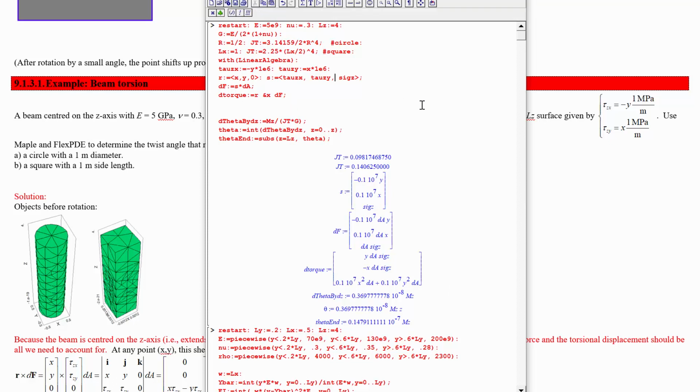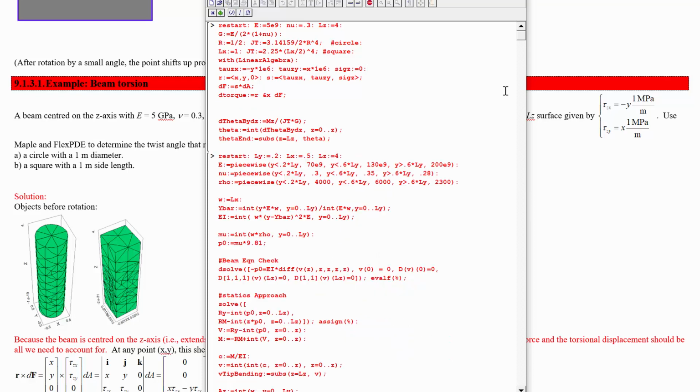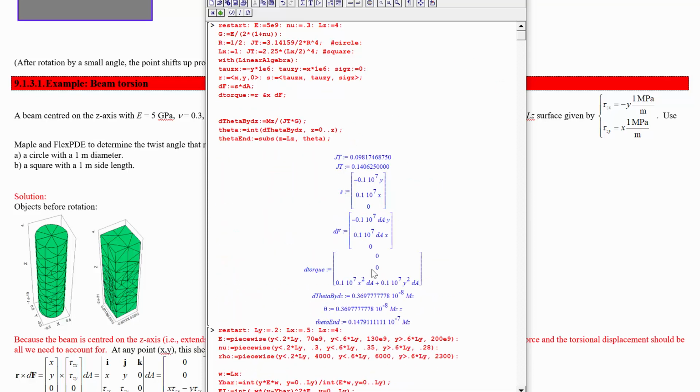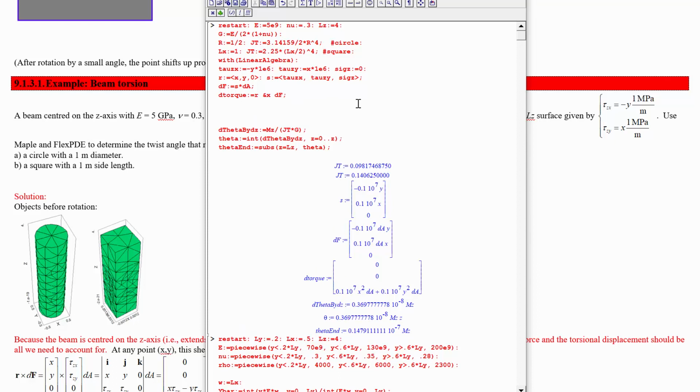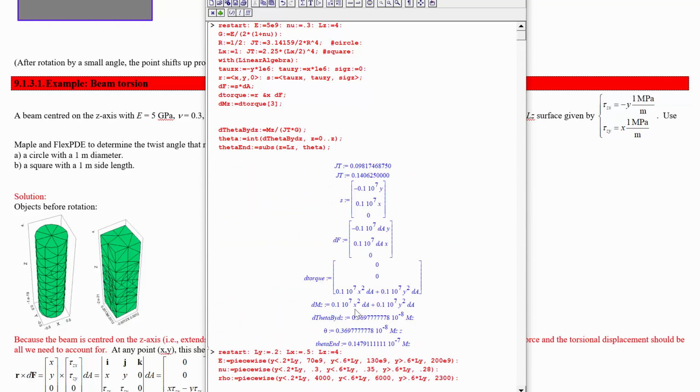So let's see. We'll say that there's no stress applied in the z direction, and then we got rid of those first two moments, and what we're looking for would be dMz is equal to d torque, third component. So just the one in the z direction.